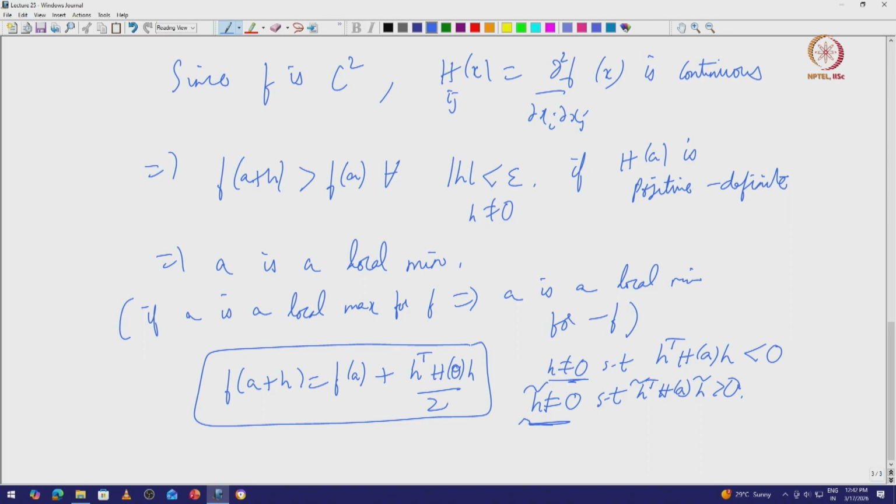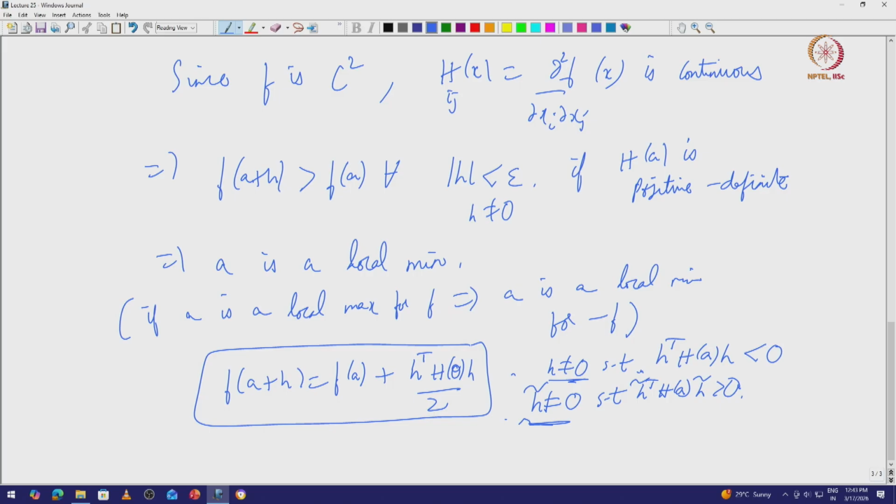If one of them is positive and one of them is negative, then you have exactly the same problem as you have here. That is, it's neither positive definite nor negative definite, and therefore you find an h so that f of a plus h is larger than f of a, and you find one more h so that f of a plus h is less than f of a. The only problem is if h of theta is either positive definite or negative definite.